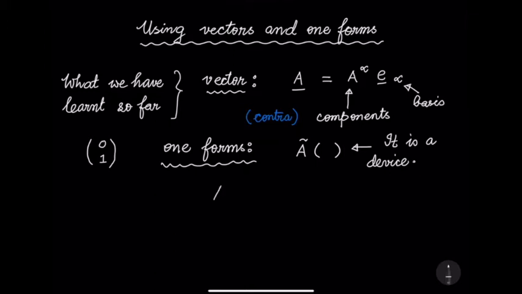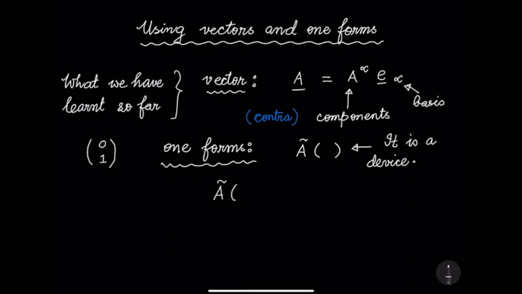So if I have a one form, at the end of the last lecture we found that for every vector A there is a corresponding one form. This is true if the metric exists in that particular space, but we have not made that comment yet, so let's keep it for the future.